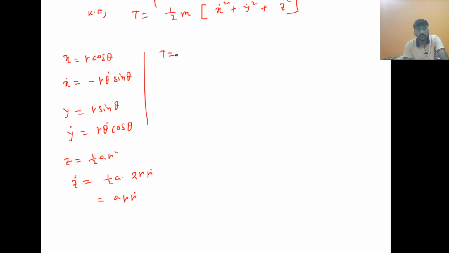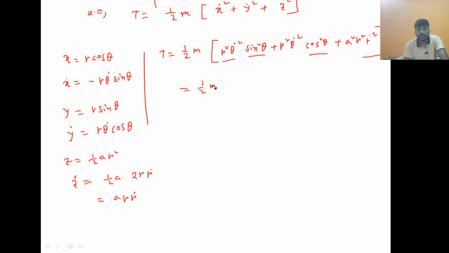Now if we substitute these values, T will be half m into x dot square, meaning r square theta dot square sin square theta, plus r square theta dot square cos square theta, plus z dot square, meaning a square r square r dot square. If we take common r square theta dot square, then sin square theta plus cos square theta will be 1.